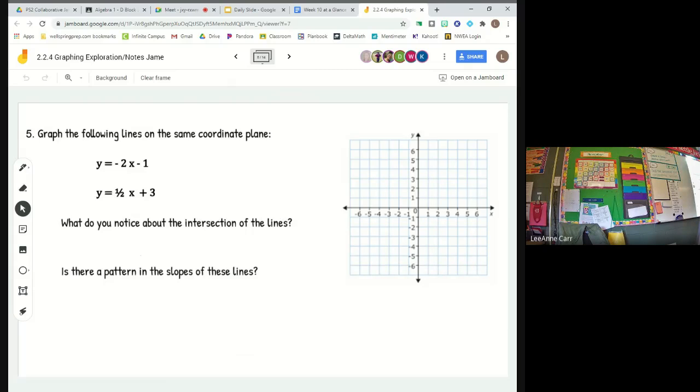Remember, if it's not a fraction, we have to make it into 1. So you were right, go down 2, and then just go over 1 as well. And then put a dot right there. Yeah. There you go.